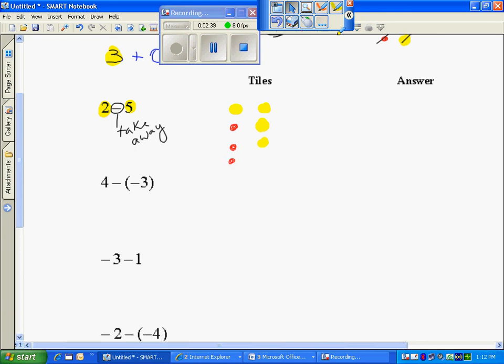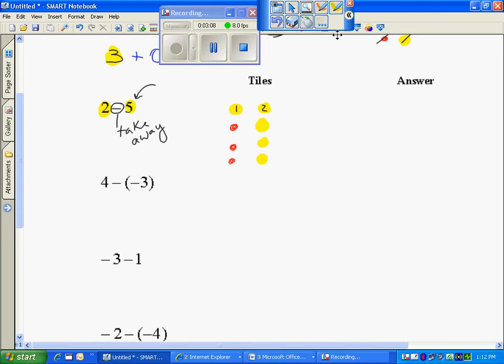So notice all the zeros I've added here. I've actually added 0 3 different times. Now when I look, this pile is still equal to 2. Now, if I use my inverse property, I've just added 0. My directions say to take out 5 that are yellow.